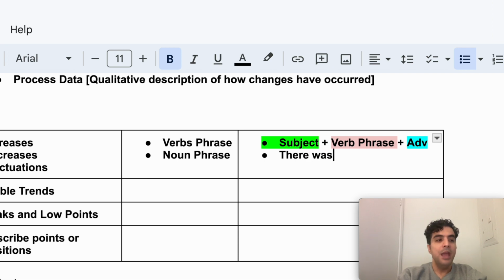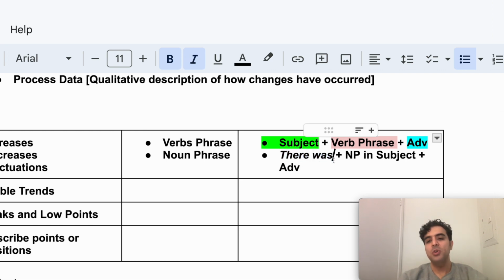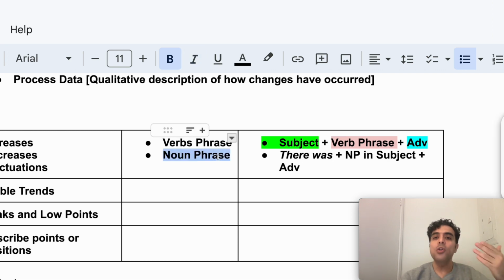You say there was, and then following this you add a noun phrase, and then you say in subject, and you add any adverb that you have to the end. So there was, that's a fixed structure. Every single sentence that you produce in this structure will start with there was, okay?